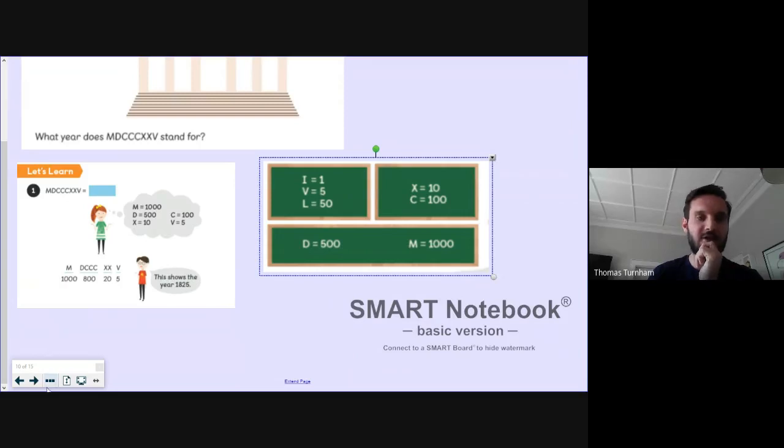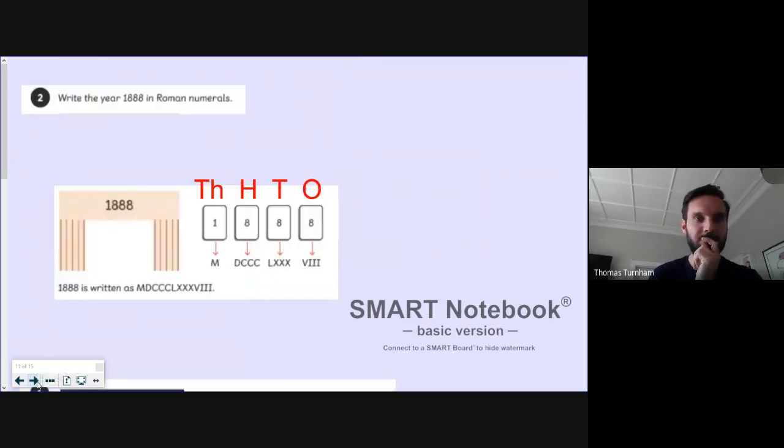Right, let's have another try. We've got the number 1,888 in Roman numerals. What's the first thing you notice that's different about writing this in Roman numerals to writing it in more traditional numbers?